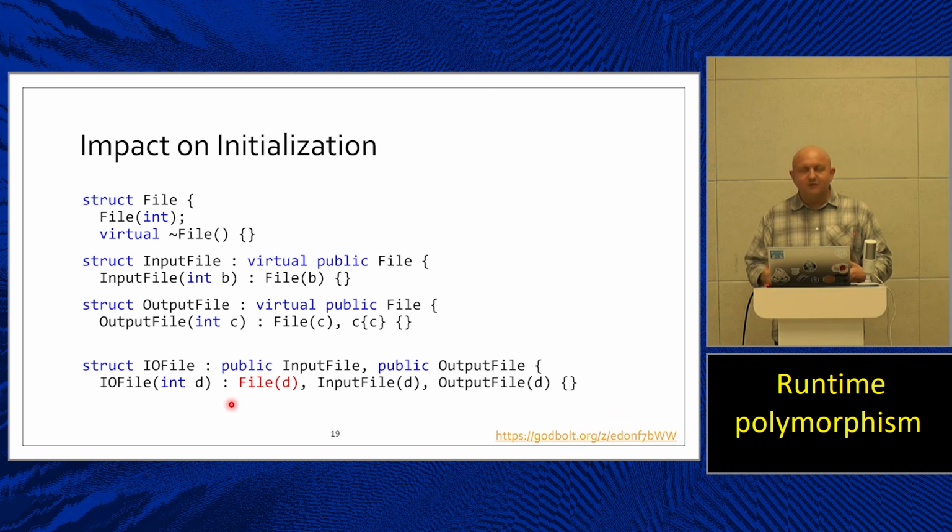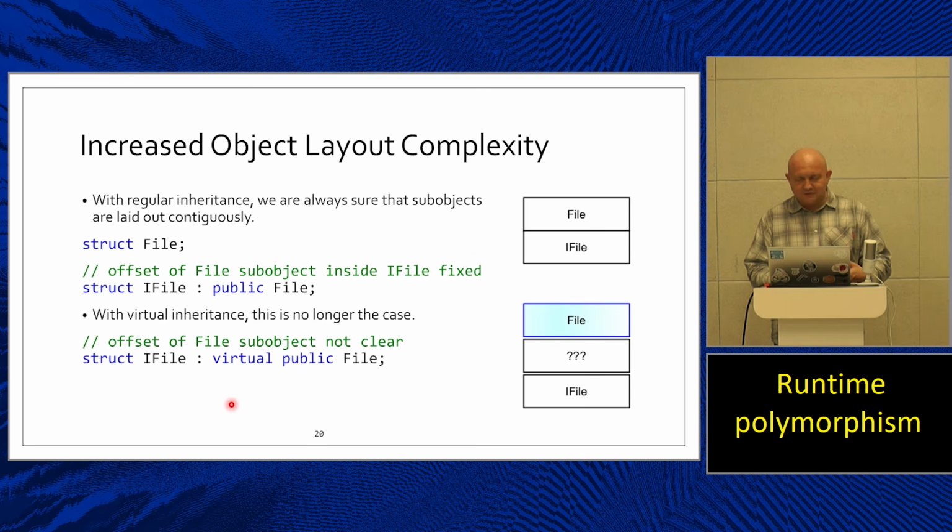The language can no longer treat the layout as a simple stacking of subobjects. With regular inheritance, object layout is simple. If e-file inherits from file, the file subobject is at a fixed offset inside e-file. The compiler knows it at compile time. Everything is contiguous. Pointer adjustment is trivial.